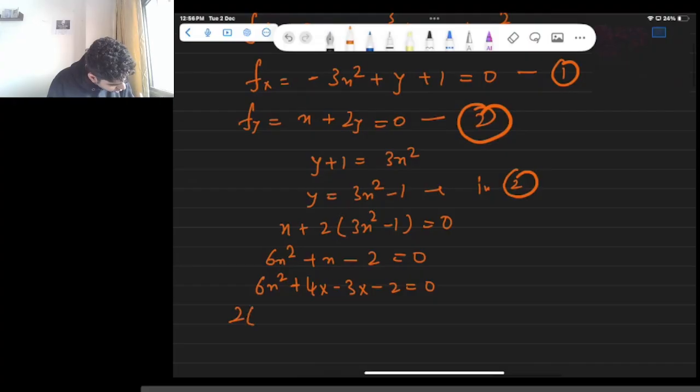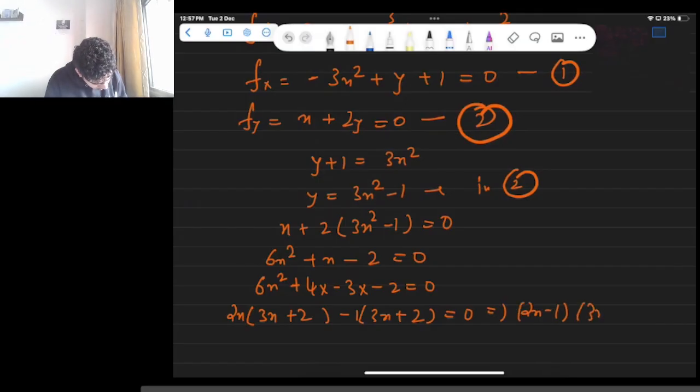If I just take 2x common, I get 3x plus 2, and minus 1 is common, 3x plus 2 is equal to 0. What I get is 2x minus 1 into 3x plus 2, which is equal to 0.